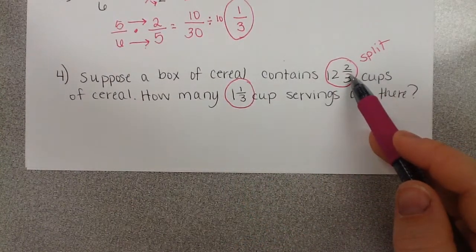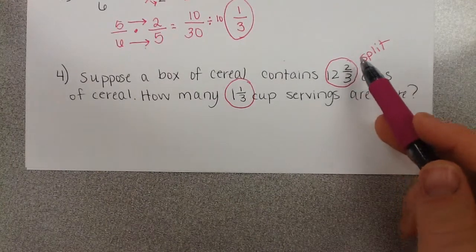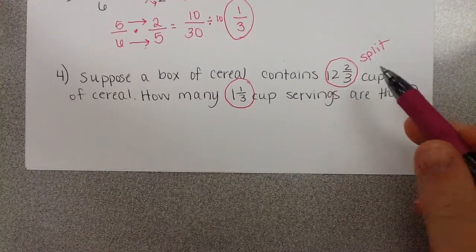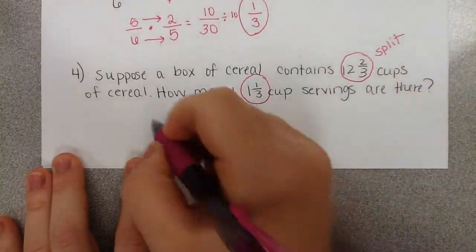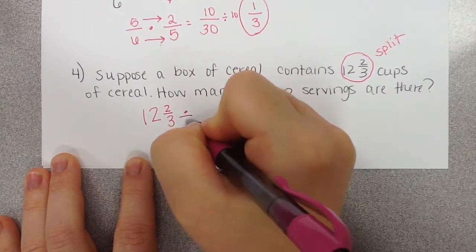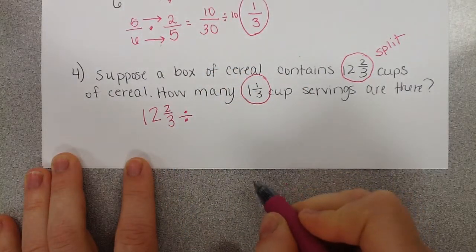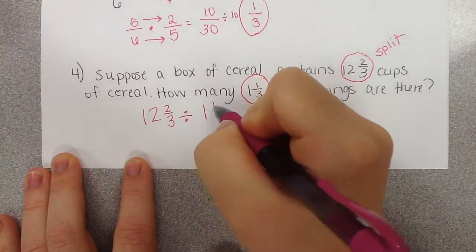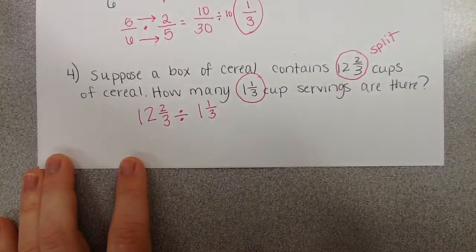Anytime you split something up, taking something and splitting it into equal parts, that is a divide problem. I'm taking the cereal box, 12 and 2/3, and I'm dividing it into how big of pieces? 1 1/3 cup pieces. Okay?